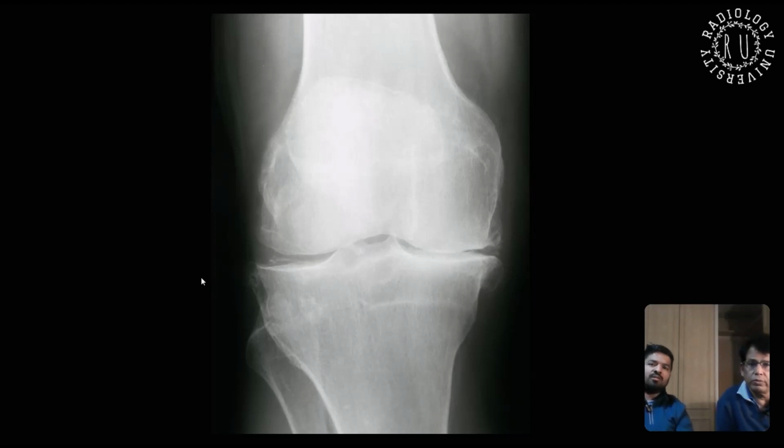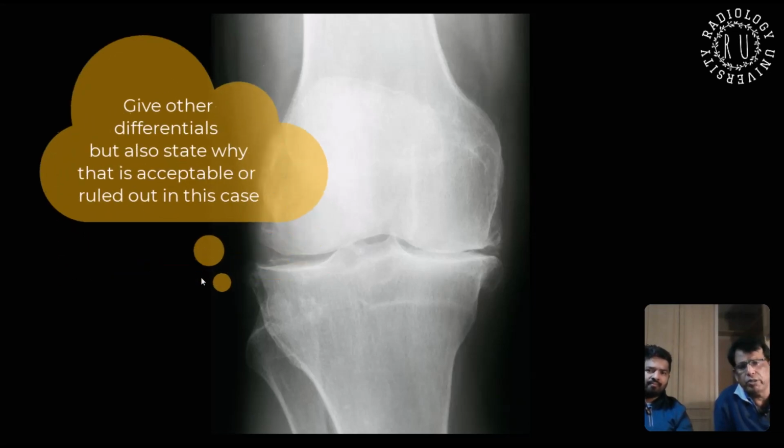What are the differentials in this case? The differential of chondrocalcinosis would be, firstly, degenerative disease like old age and idiopathic. The other thing is pseudogout, which is quite common, a crystal arthropathy. In that case, I could not see any obvious other erosive changes around it.